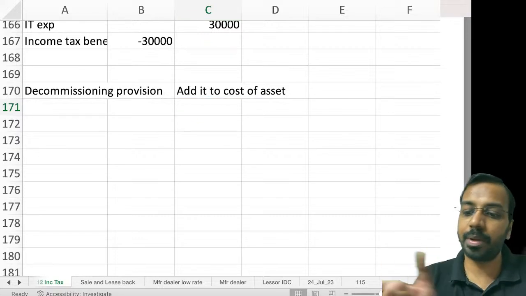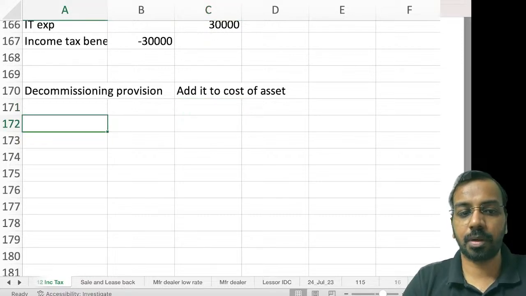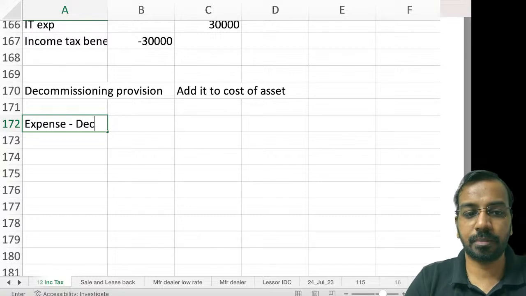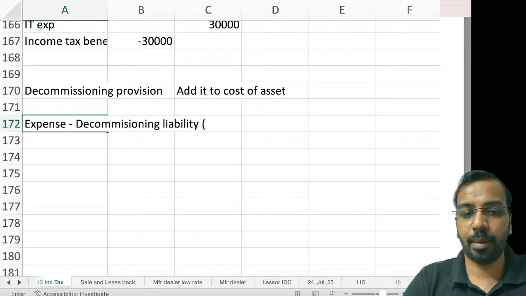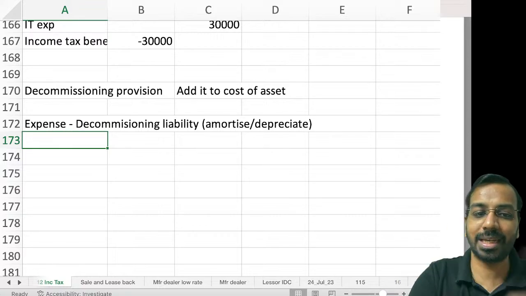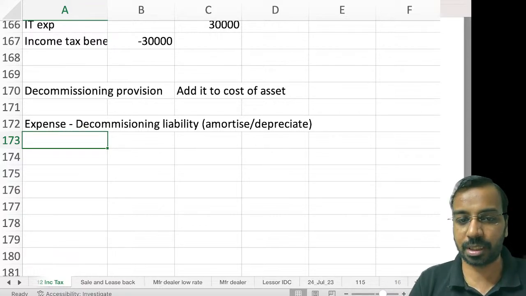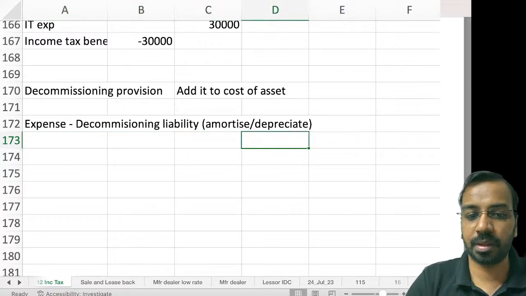Okay. Now there will be a difference. Then you also have an expense called decommissioning liability which you amortize or depreciate. Now for taxation, they will not allow this depreciation on this decommissioning liability or the amortization of decommissioning liability. All of that will be allowed only on payment basis.